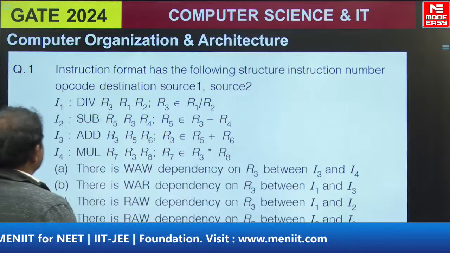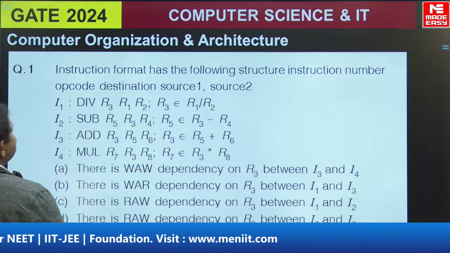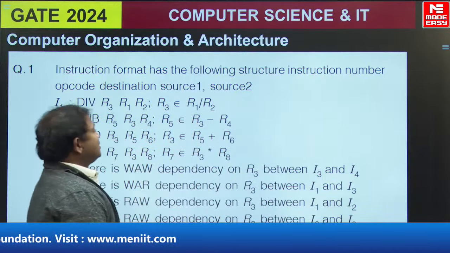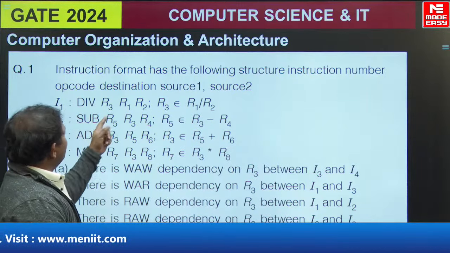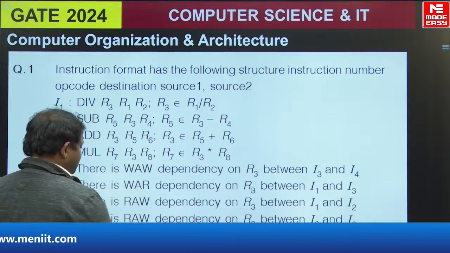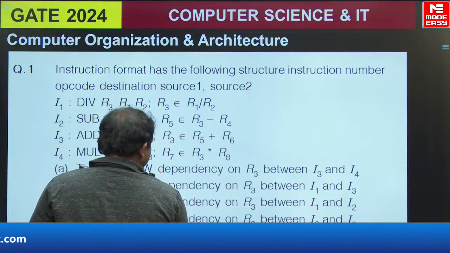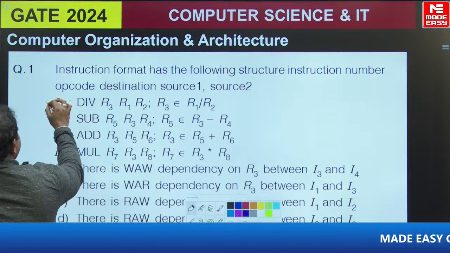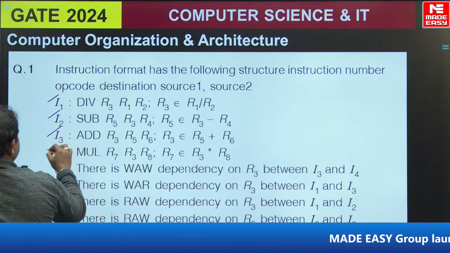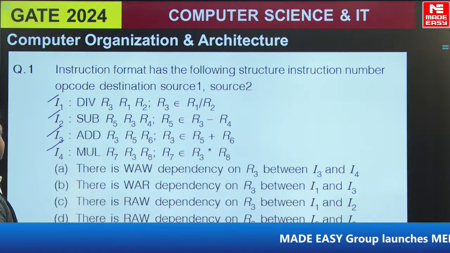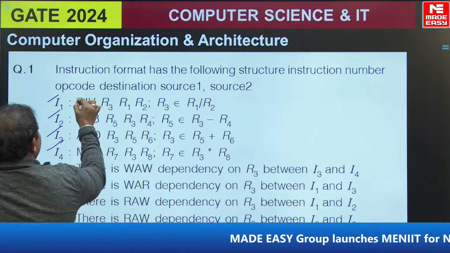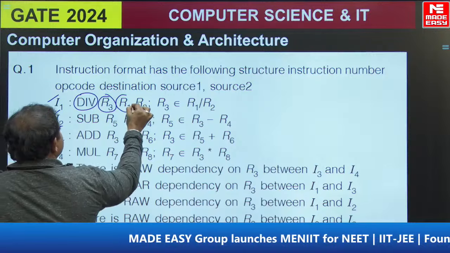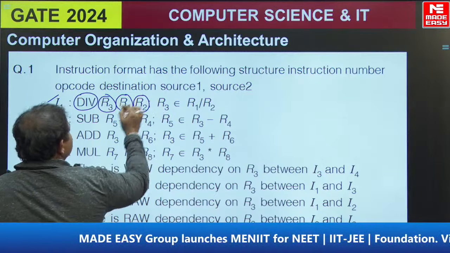The first question: the instruction format is given in the following structure: instruction number, opcode, destination, source 1, source 2. Four instructions are given. The first parameter is the opcode, the second is the destination, the next is source 1, and the next is source 2.